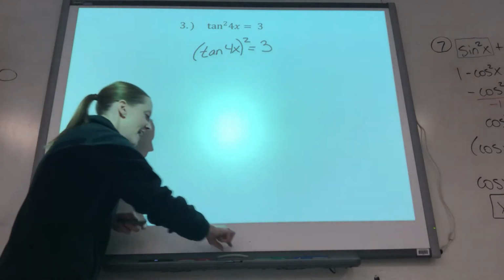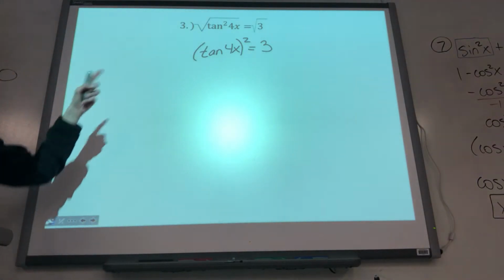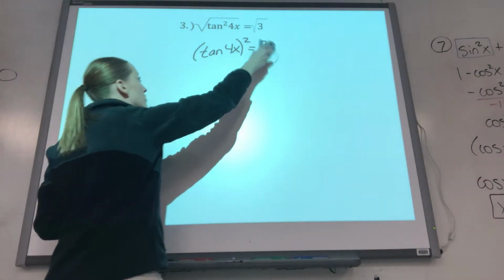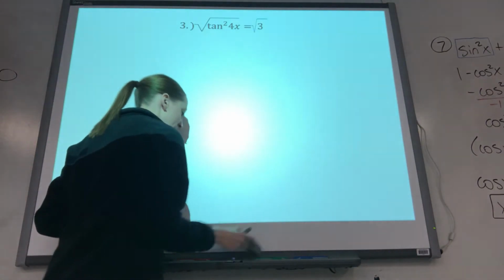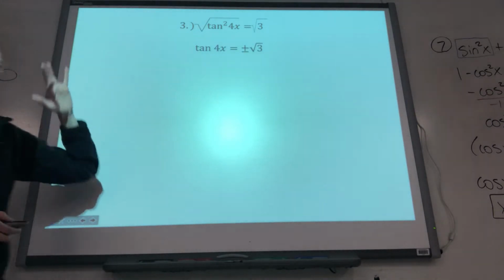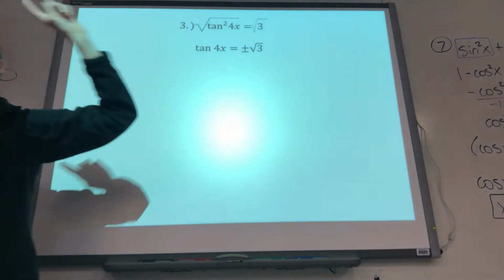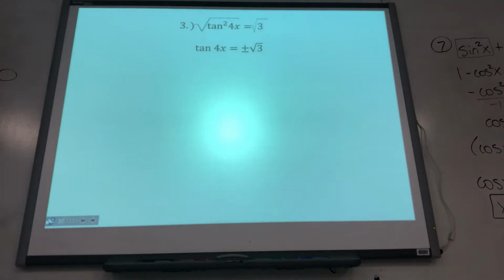Square root. Now on the PowerPoint, I just did it right off the bat there. You can go ahead and write this step first if you want. But either way, square root both sides. It gets rid of the square. Now make sure you don't touch anything else. The 4x does not change when you square root that.